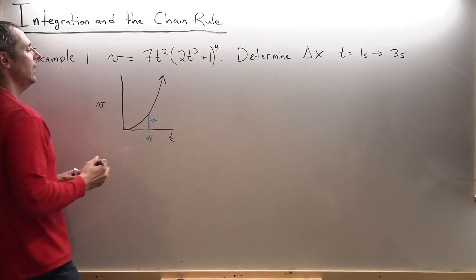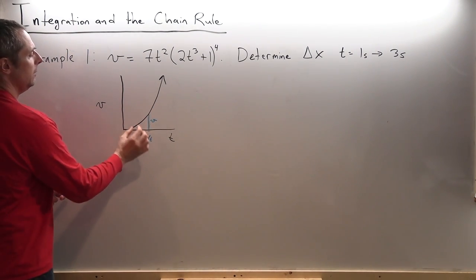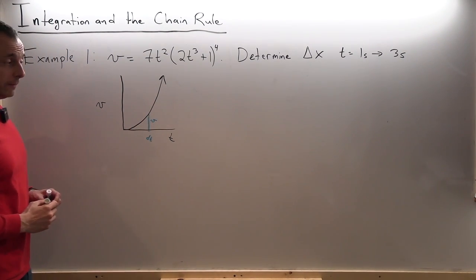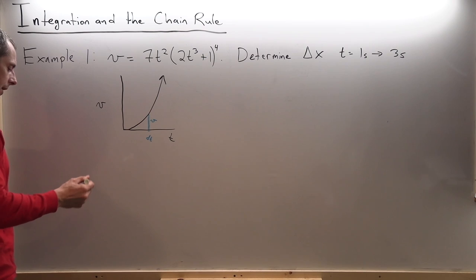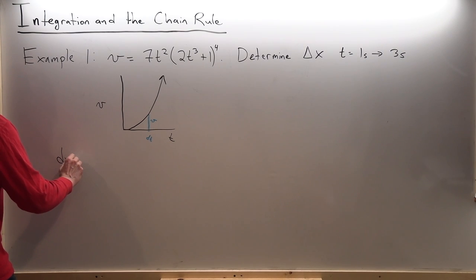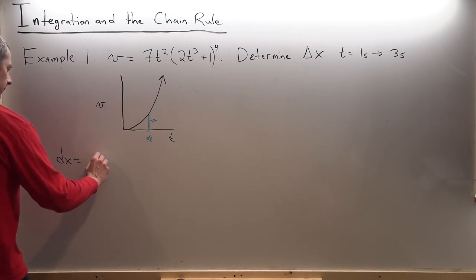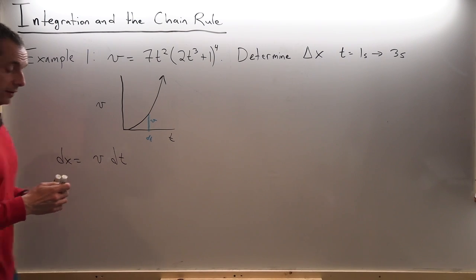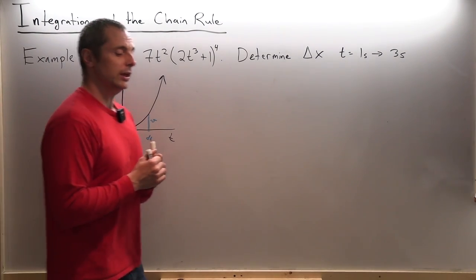That's the velocity at that moment times the dt. So this is a real skinny rectangle right here. And so I could say that the dx is v dt. That's the distance it went in that trillionth of a second.